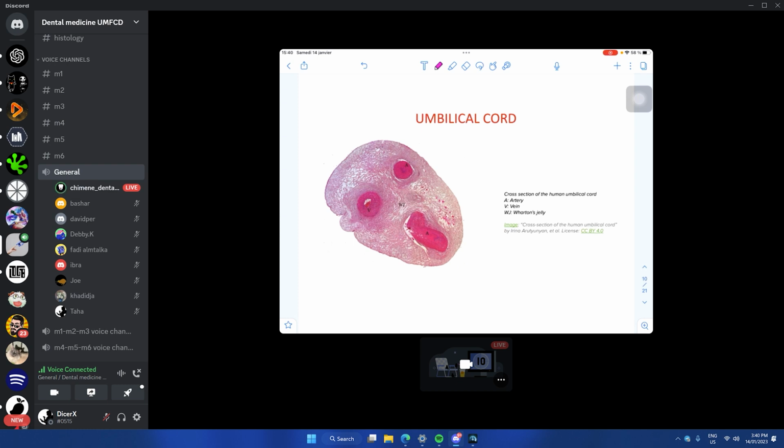You have two umbilical arteries. It is so important to know the number of arteries that you have. You always have two arteries and one vein. The deoxygenated fetal blood will get into the placenta through the two umbilical arteries.